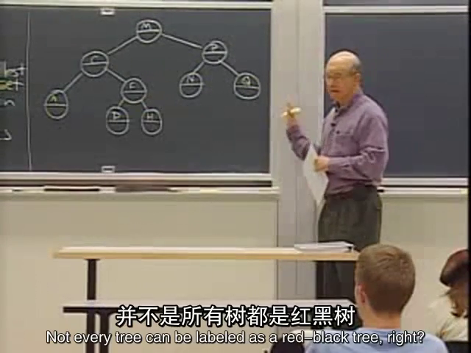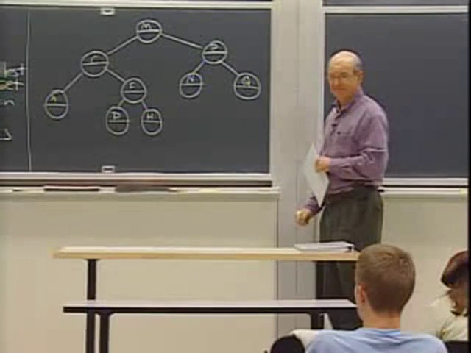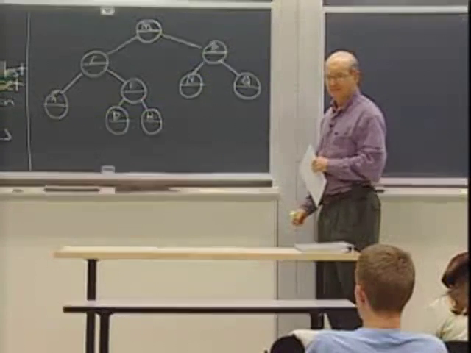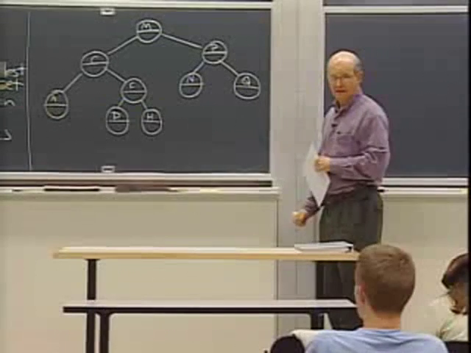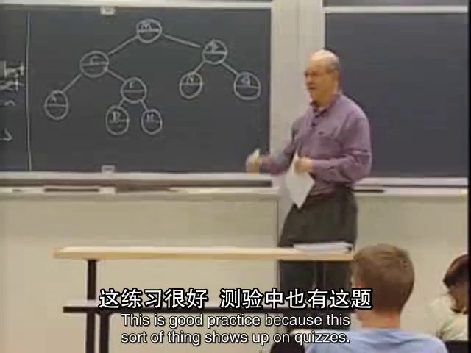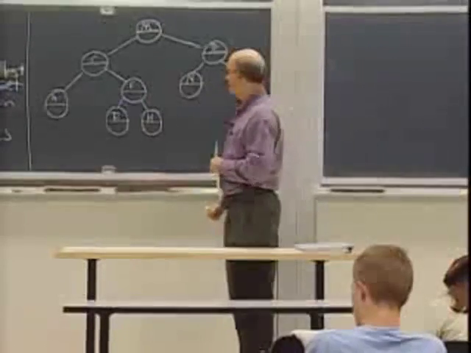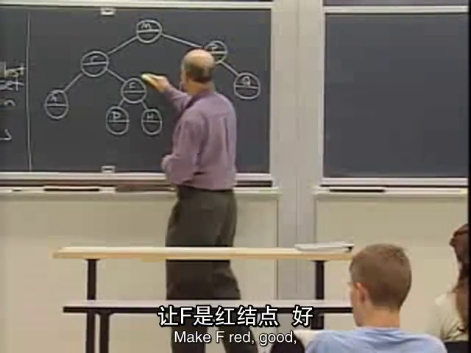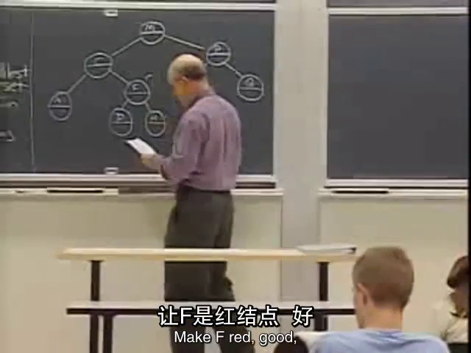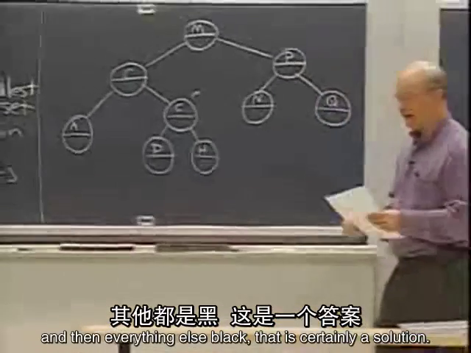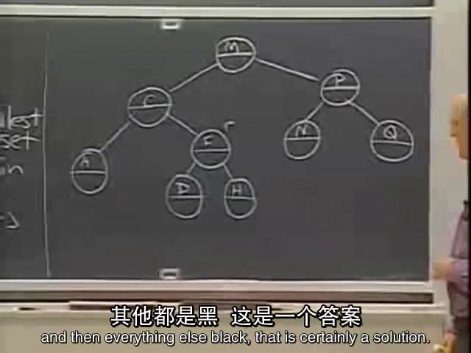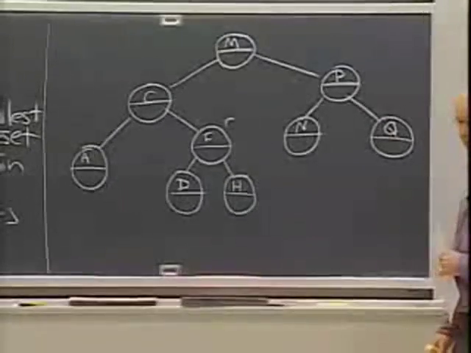Not every tree can be labeled as a red-black tree. This is good practice because this sort of thing shows up on quizzes. Make F red. Good. And then everything else black. That's certainly a solution.